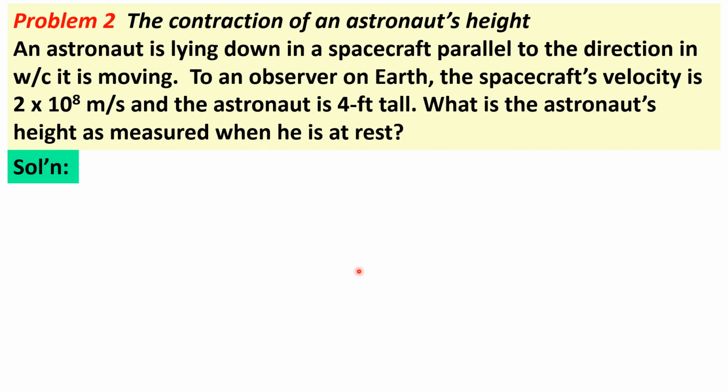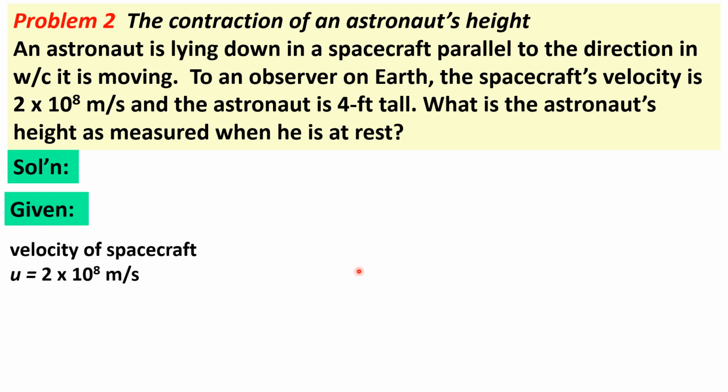So for our solution, we have the given data, the velocity of the spacecraft, u, all right? This is relative to the Earth. It's given as 2 times 10 to the 8 power meters per second. Also, we are given the contracted length, which is L equals 4 feet.